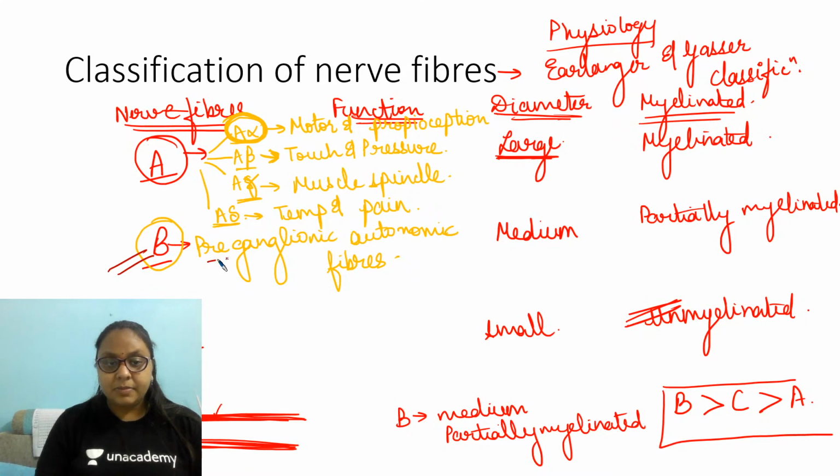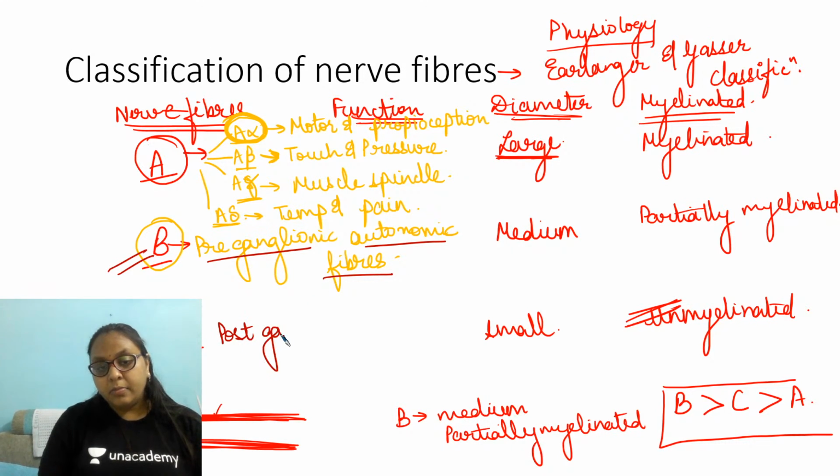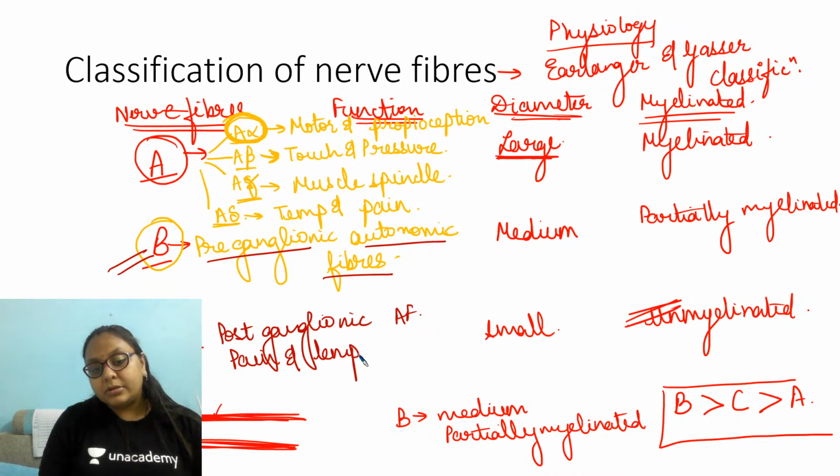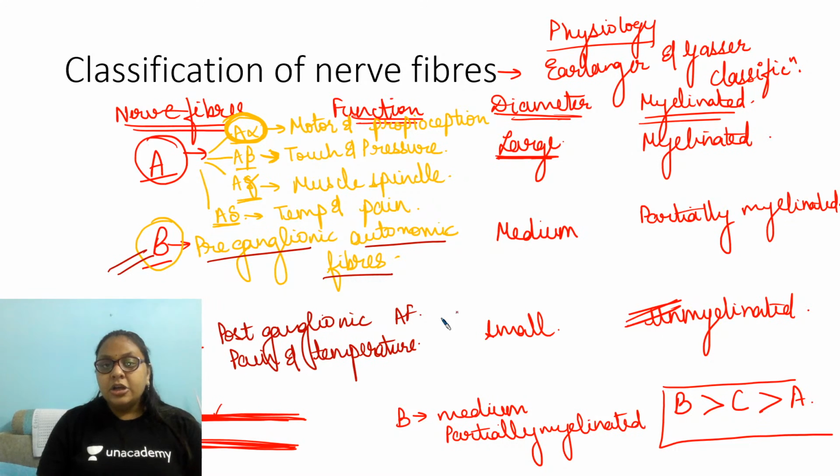C is postganglionic autonomic fibers, and it also carries pain and temperature fibers. Okay, fast pain and temperature fibers. Is it clear?